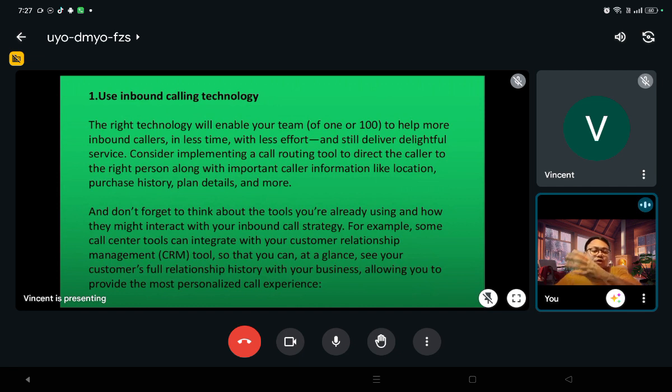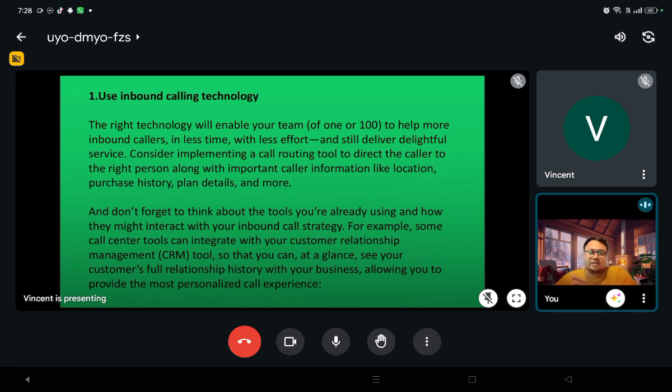If, for example, our company doesn't have a proper CRM, or it's not good or not updated, our agents might face difficulty tracking our customers' information and history.